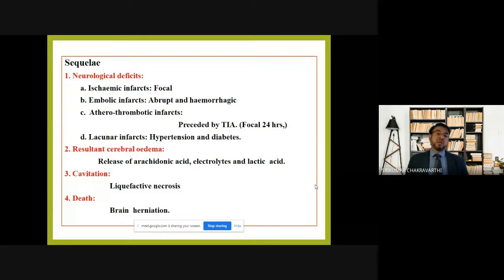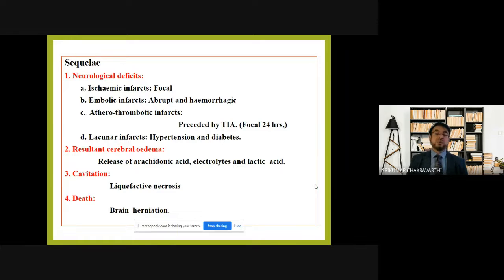So, what are the sequelae of an infarction? What happens a few weeks or months or years after infarction or a hemorrhage? The person always remains with neurological deficits because of blood not having been there at that time. So there are small areas in the brain that have died.